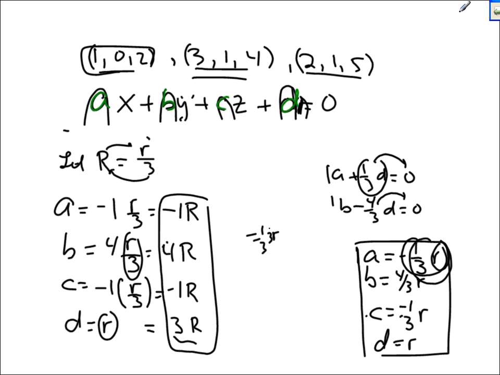I just replace r with 3r. I replaced 4/3 r with 4/3 times 3r. Negative a third r was negative a third 3r. I replaced r with 3r. So I got negative r by design. I get 4r by design. The 3's in the bottom keep disappearing.